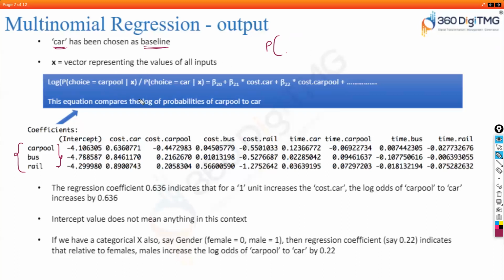And what is the probability that you're going to choose a car given the same inputs? Given the same inputs, what is the probability of choosing a carpool over the probability of choosing a car? This is how you write the equation. And you take a log of that, similar to our logistic regression.